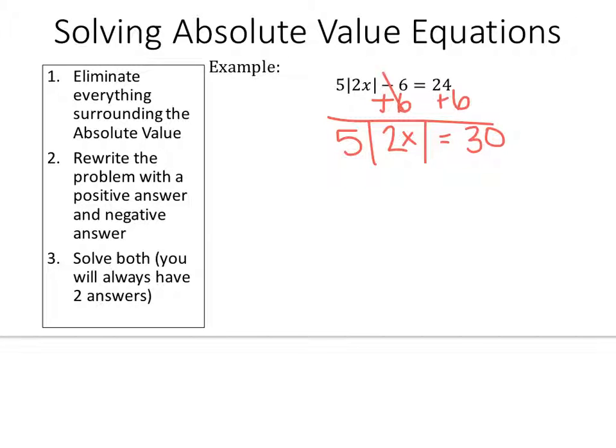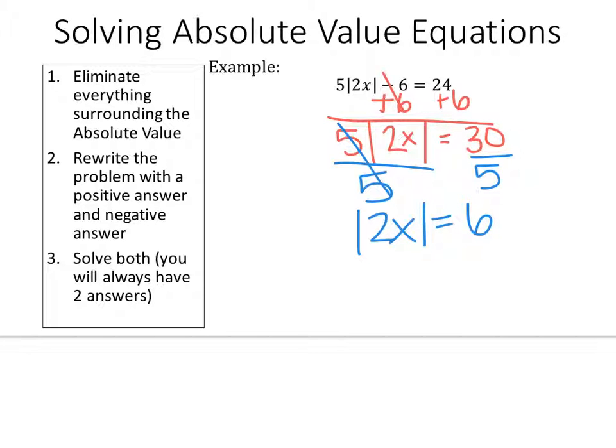Now I still have that times 5 in front of it, so I need to get rid of that as well. So now I'm going to divide both sides by 5. So I'm left with the absolute value of 2x equals 6. So now we finished step 1. We eliminated everything surrounding the absolute value.